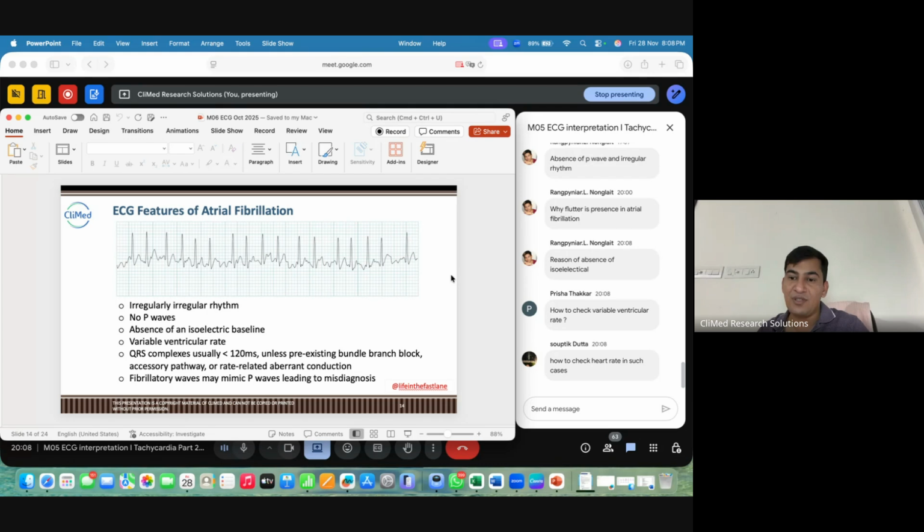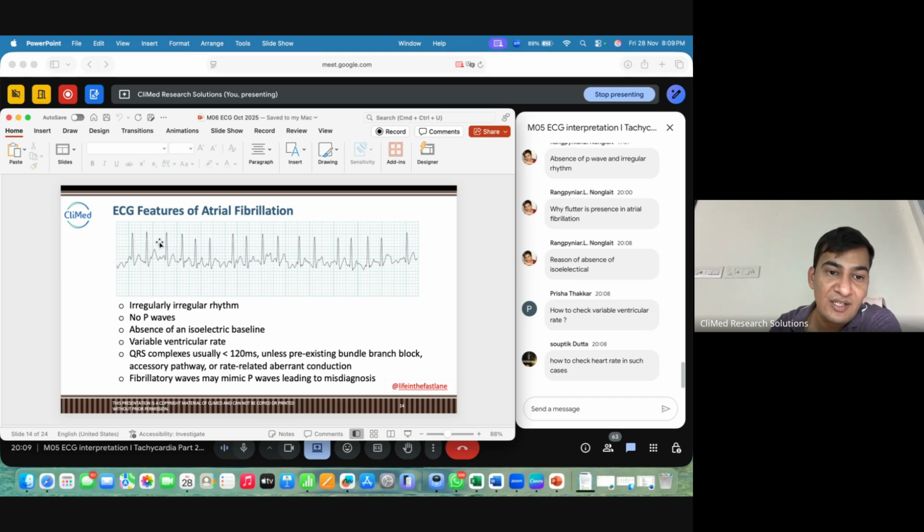How to check variable ventricular rate? It is very simple: just check RR consistency, like heart rate. As we check heart rate, here we cannot check it because it is different at different points of time. But you can check the RR interval and see how much it is. Like, this is around 300 maybe.